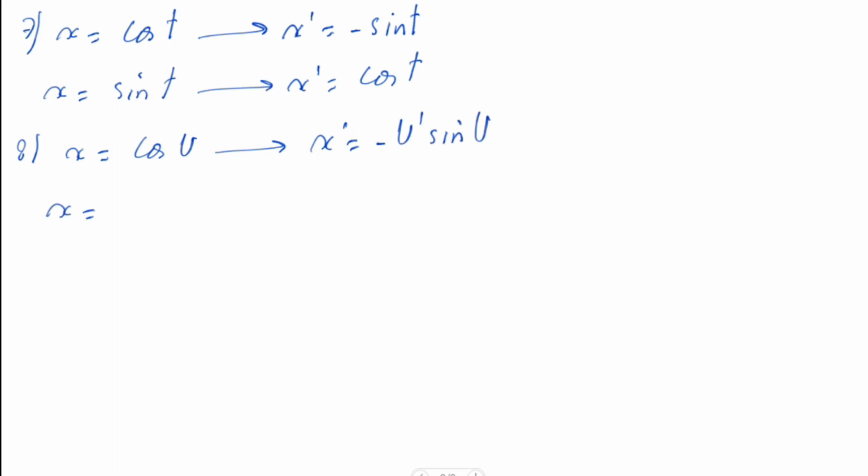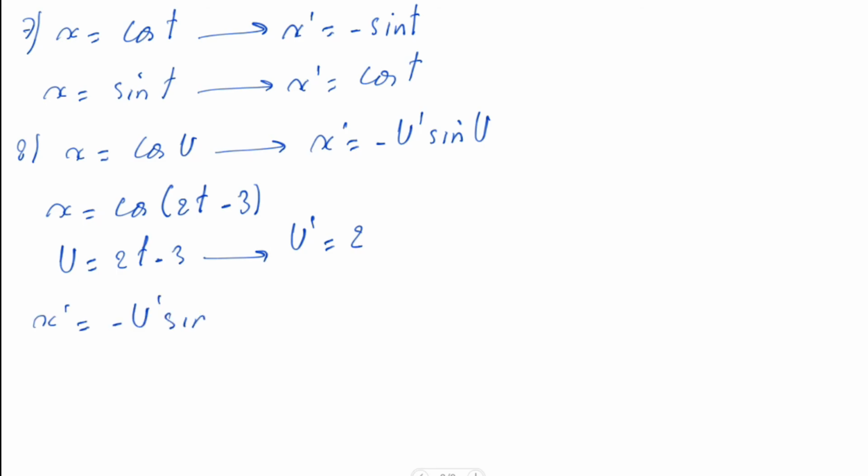For example, x equals cosine of 2t minus 3, then u is 2t minus 3. So u prime is 2. Then x prime is minus u prime sine u, equal to minus 2 sine of 2t minus 3.